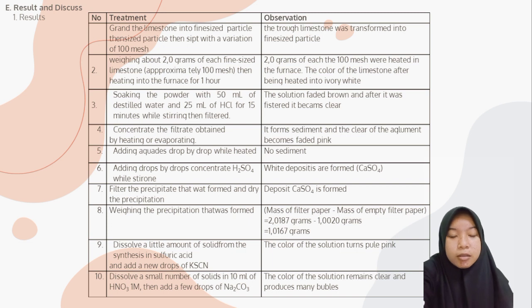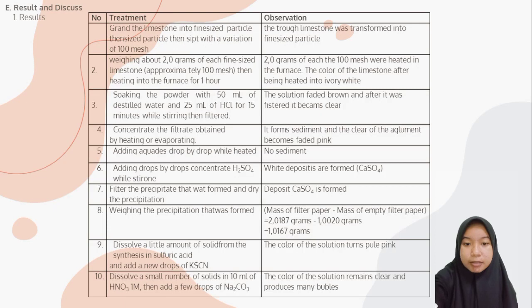7. Treatment: filter the white precipitate and dry it. Observation: calcium sulfate deposit is formed. 8. Treatment: weigh the precipitate that was formed. Observation: mass of filter paper with product minus mass of empty filter paper. 2.0187 grams minus 1.0020 grams.